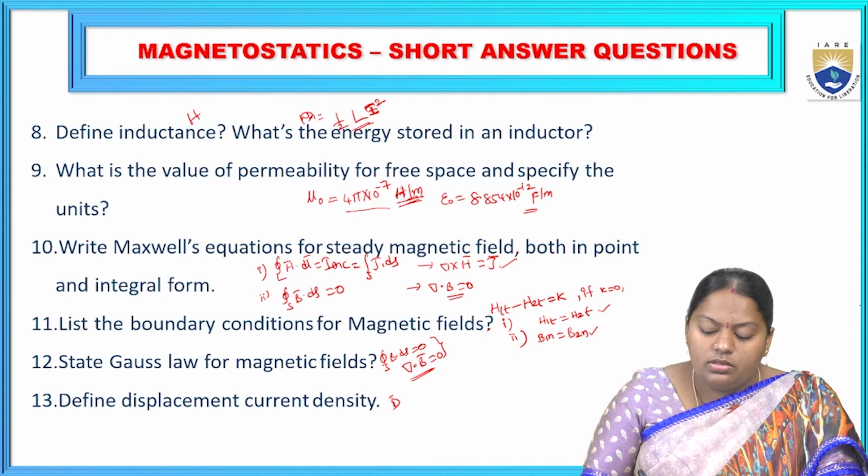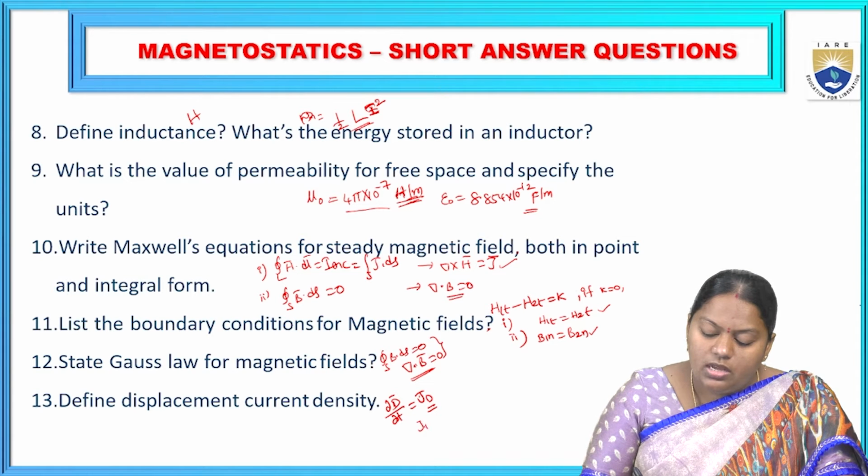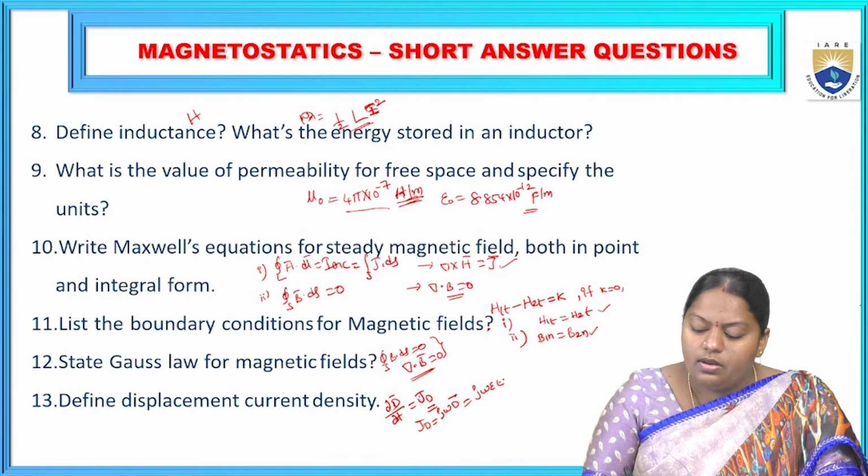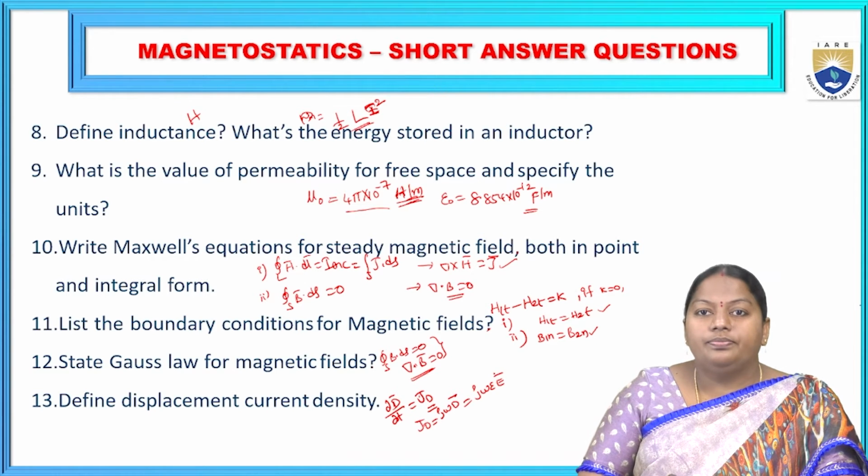The rate of change of electric flux density D bar with time is given by displacement current density, and it is dou D bar by dou t equal to Jd. For all time varying fields, if you replace dou by dou t with j omega, then Jd becomes j omega into D bar or j omega into epsilon into E bar.